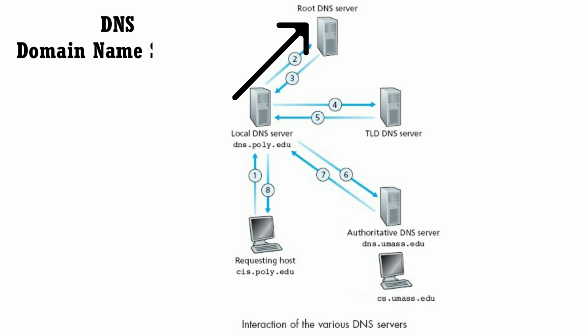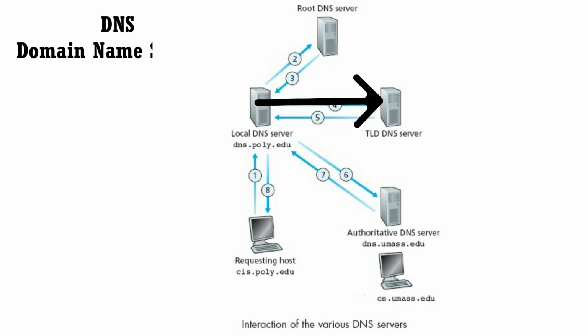The root DNS server takes note of the edu suffix and returns to the local DNS server a list of IP addresses for top level domain servers responsible for edu. The local DNS server then resends the query message to one of these top level domain servers.